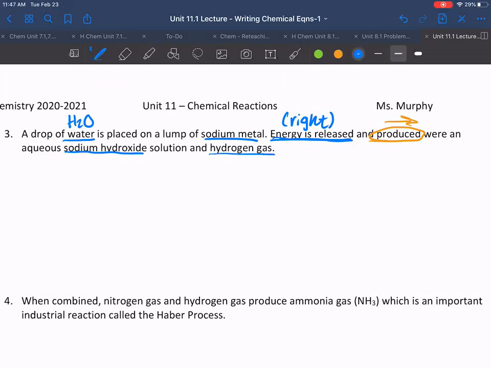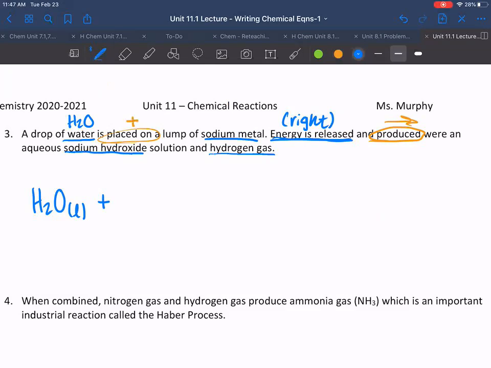So now we have to start writing our formulas. Well, we already talked about water. We know that's H2O. And if it's a drop of water, what likely is its state? Liquid? Awesome. It's a liquid. What's aqueous again? Dissolved in water. And so now this is placed. If it's placed on something, it's going to be plus.